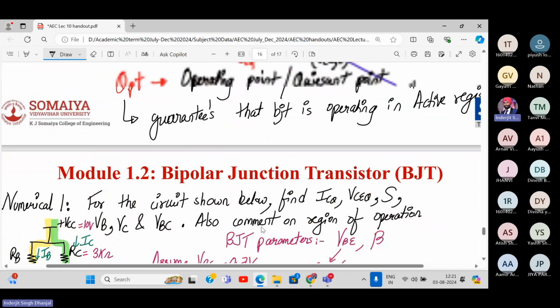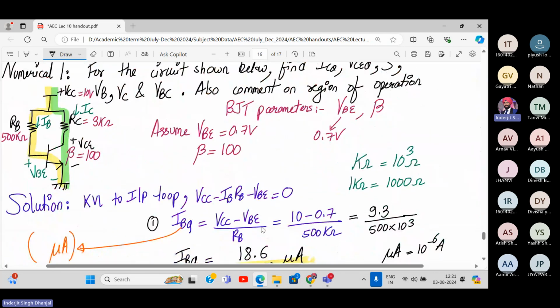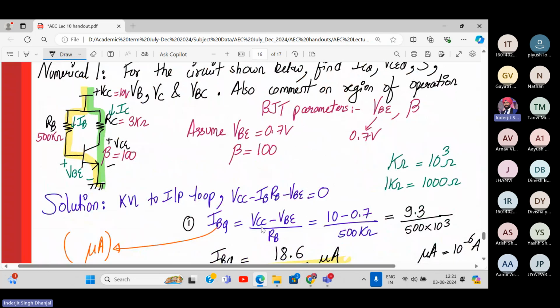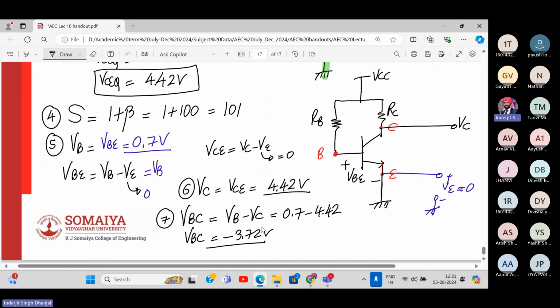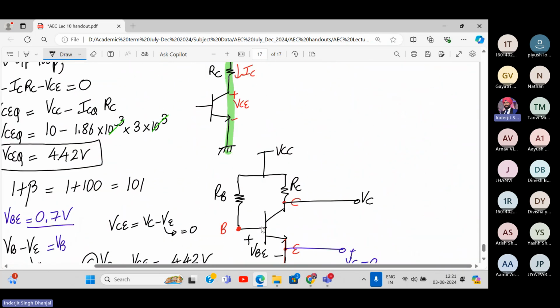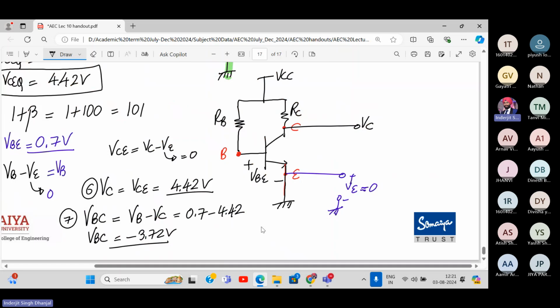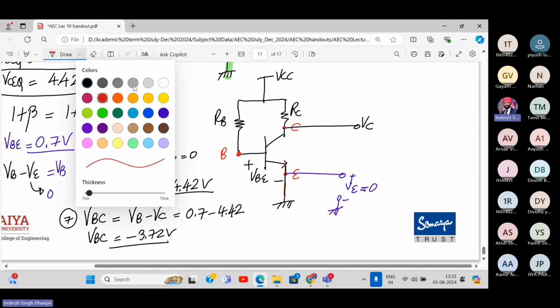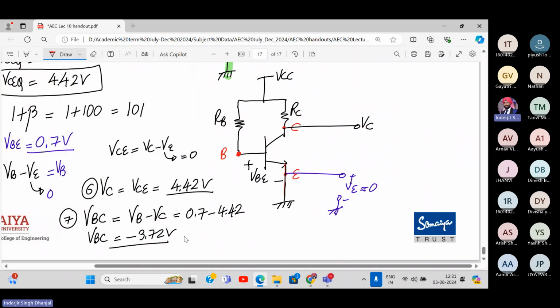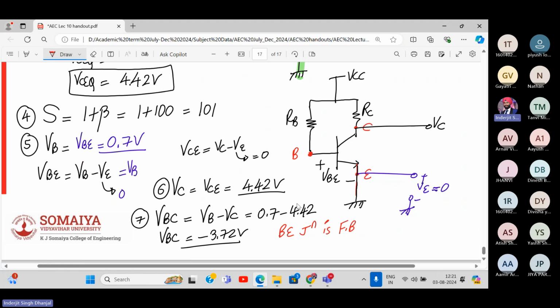And we have to comment on the region of operation, right? So what do you say about the region of operation? See, the base-emitter junction is forward biased, that is what we have assumed. From where do you get this information? From VB.